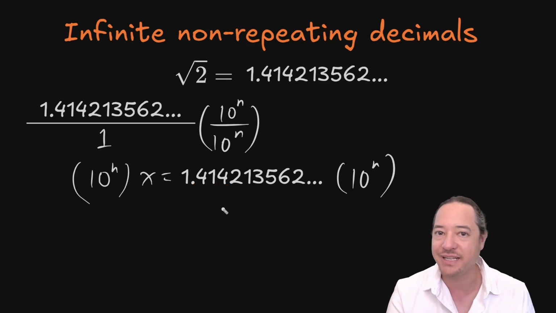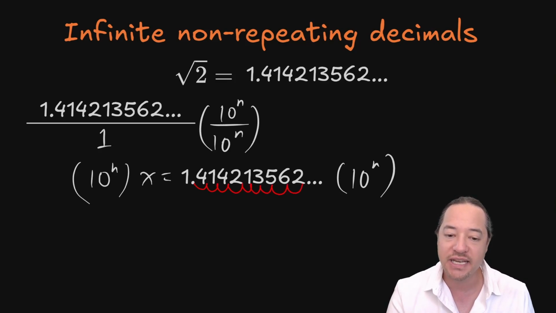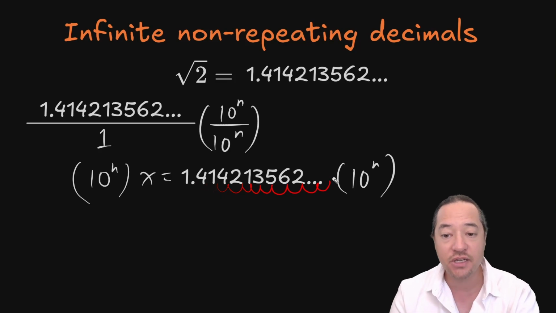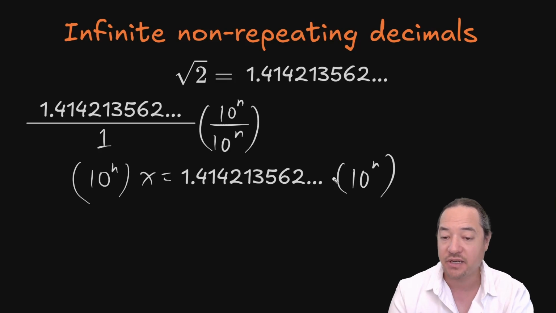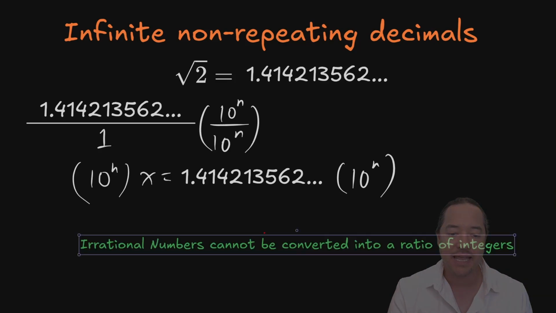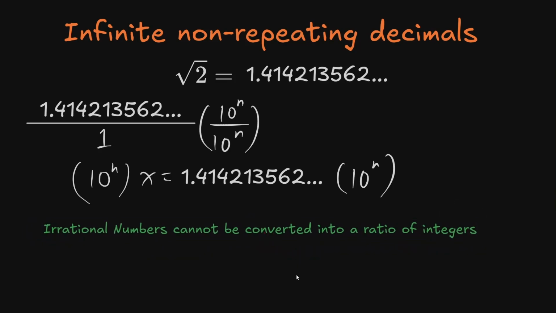But the problem here is there is no repeating unit. You would have to keep moving on forever, and you would never capture any repeating unit. And so again, you're left with multiplying by 10 to the power of infinity. It doesn't work. And so this is why we say that you cannot convert this into a fraction or a rational number. And that's why we call it an irrational number.